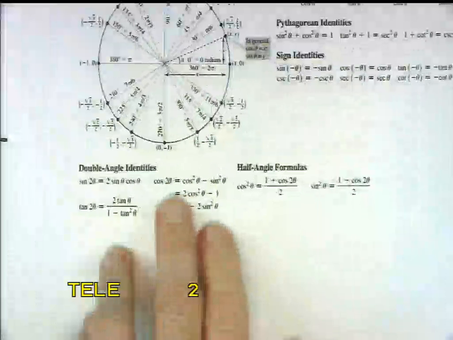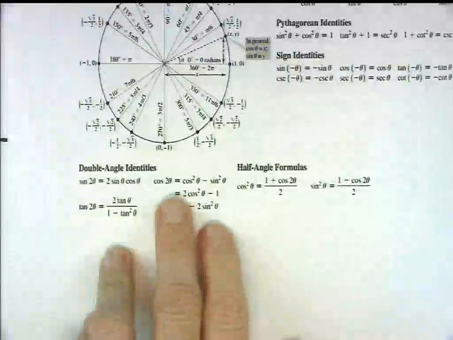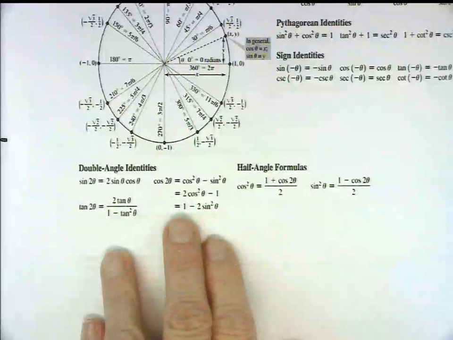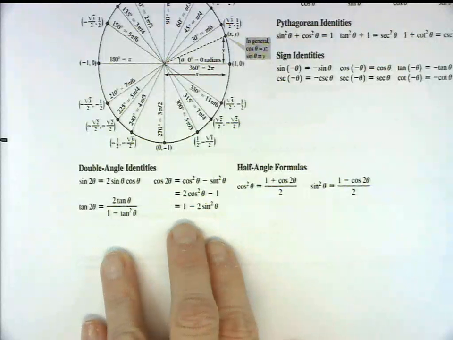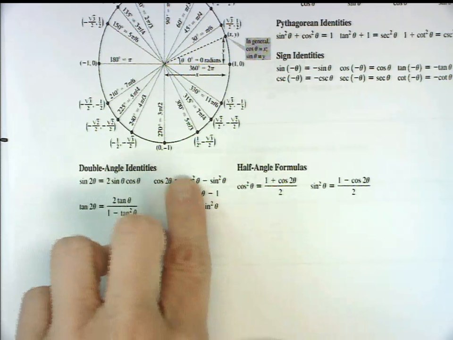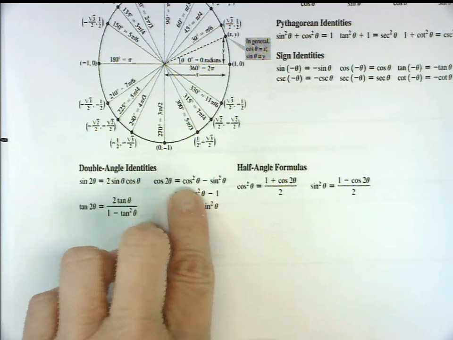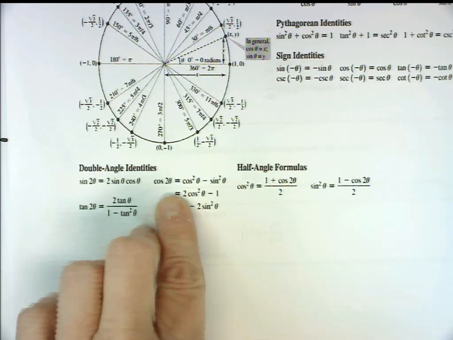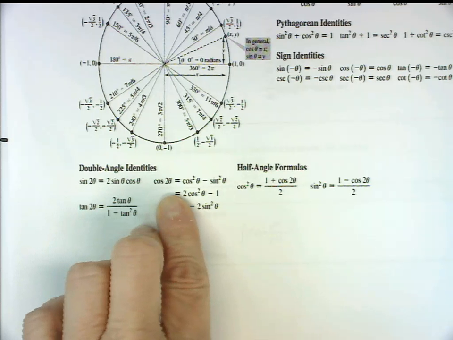We're using the fact that cosine squared minus sine squared is equal to cosine, in this case not 2 theta but 2x.